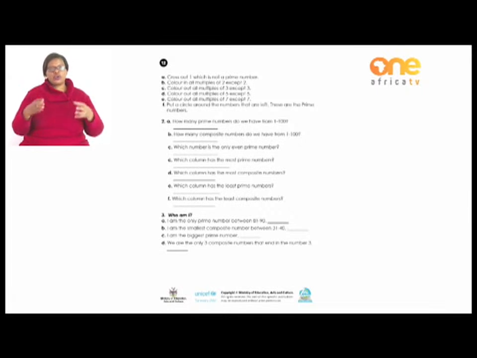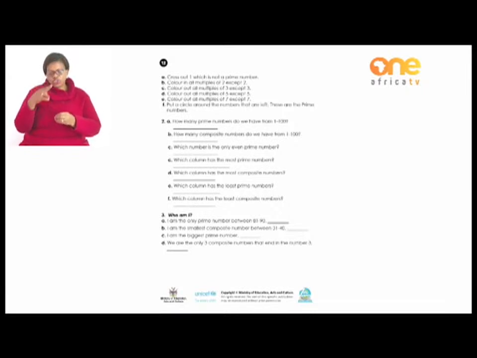So let's go to B. B says, color in all multiples of 2 except 2. In case you have forgotten what the word multiples means, it is like this. If you are asked, what are the multiples of 4? It will be 4, 8, 12, 16, 20, 24. Those are multiples, okay? So, color in all the multiples of 2 except 2.